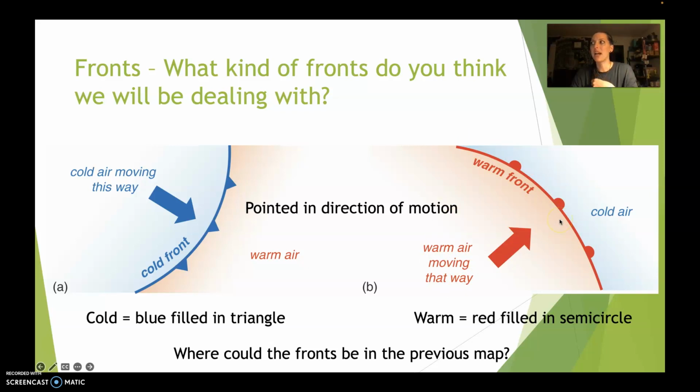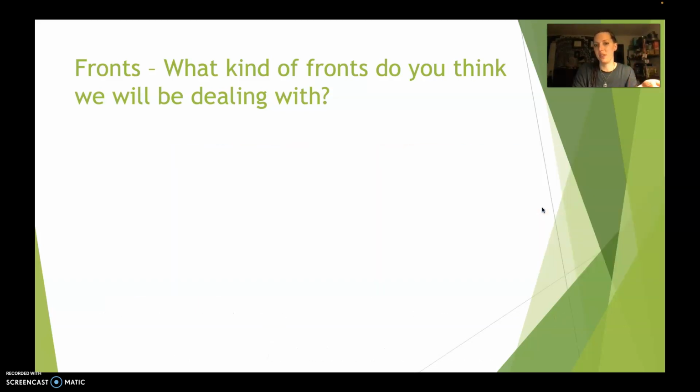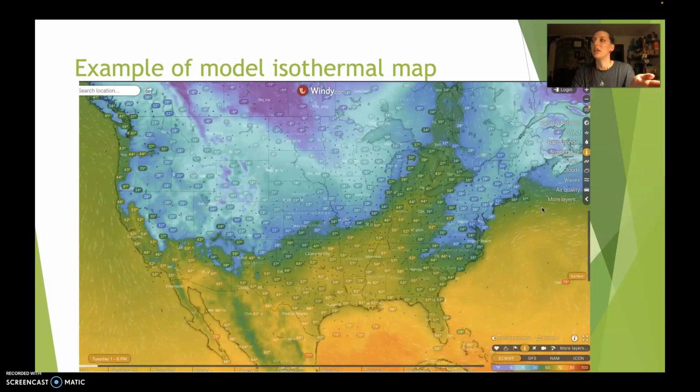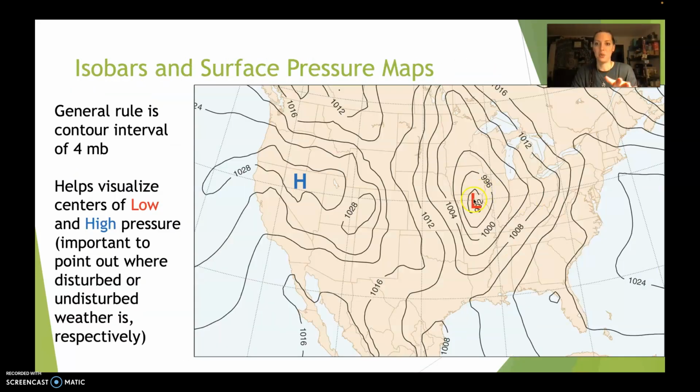And what's kind of nice is we can put all this information on the same map and give us a total idea of what's going on. So we can also look at something called pressure, we talked about pressure earlier, but we can also give a similar sort of identification with pressure.